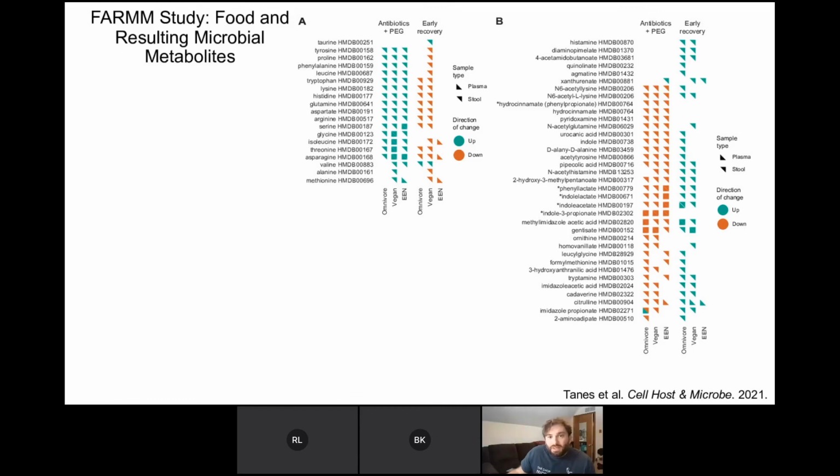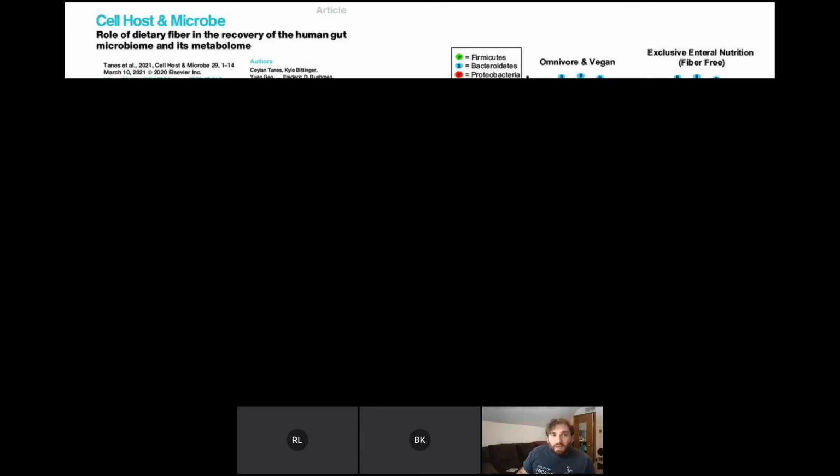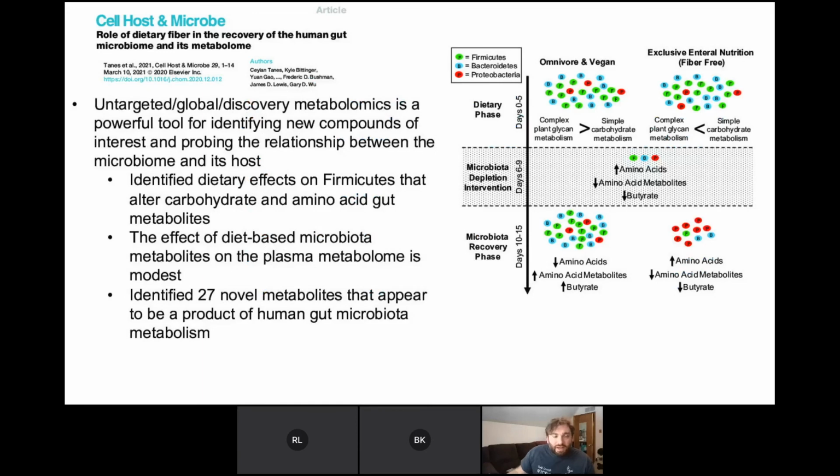And we observed the opposite pattern here for amino acid metabolites. And a few of these, but only a few, the ones with asterisks here, so 5, have been previously linked to being produced by the microbiome. And so what we're able to say from this is that we've actually identified 27 novel metabolites that, based on their patterns following this dietary and antibiotics PEG intervention, appear to be a product of the human gut microbiota metabolism.